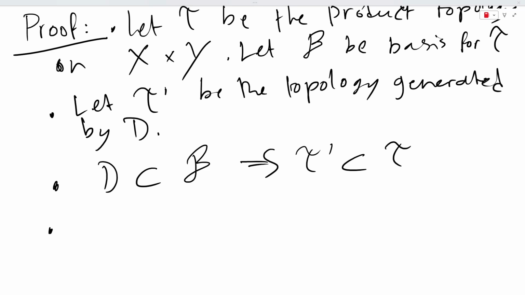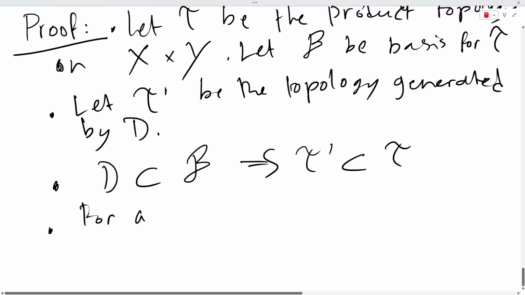Okay, so now the next thing is we prove the converse, that we now show that tau is contained in tau prime. So how do we do that?